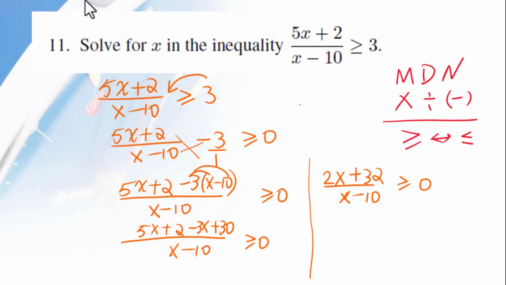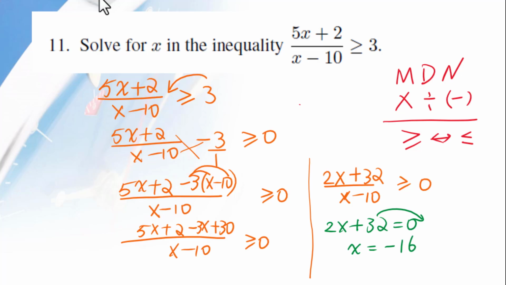We will use a sign diagram to do this inequality. For the root of this rational function, 2x plus 32 equals 0. Then minus 32 both sides, divided by 2. X equals negative 16.